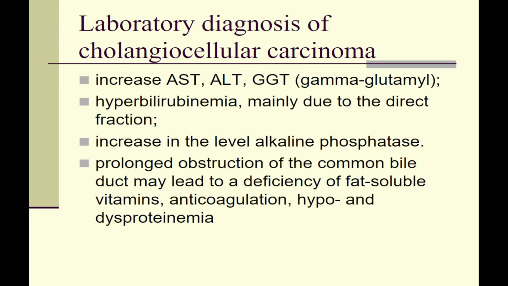Laboratory diagnosis of cholangiocellular carcinoma. Increased AST, gamma glutamyl transferase, hyperbilirubinemia through the jaundice, mainly due to the direct fraction. If the patient has hyperbilirubinemia due to the direct fraction, it means mechanical jaundice.